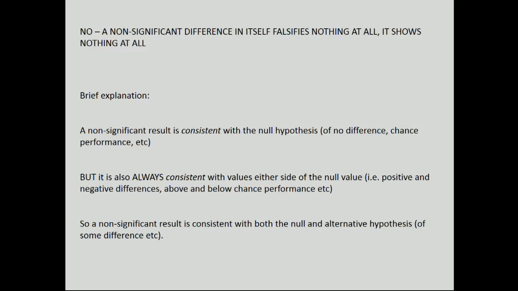So if it gives you no grounds in itself, because it's consistent with both the theories, the null and the alternative, you shouldn't choose between them just because you have a non-significant result. That's why it sort of counts for nothing, as it were. Now, it may very well be, given certain assumptions, your data do provide evidence for no difference, but you'd have to do some other test, namely a Bayes factor, in order to find that out.